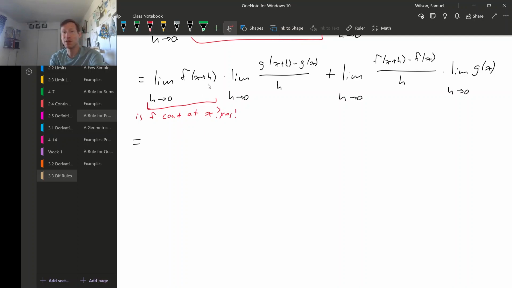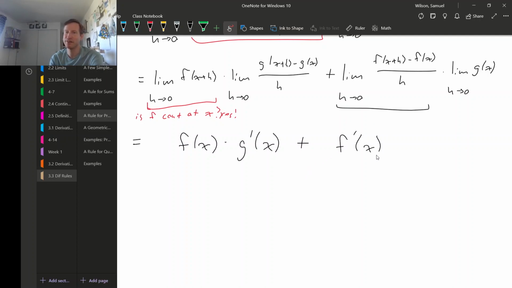So we can just plug in the 0 and we get f of x, times this limit, but this is just the derivative of g at x, plus, now this limit here, that's f prime, the derivative of f at x, and then the limit of g of x as h goes to 0, well, there's no h in here, so it acts like a constant, so we just get g of x.